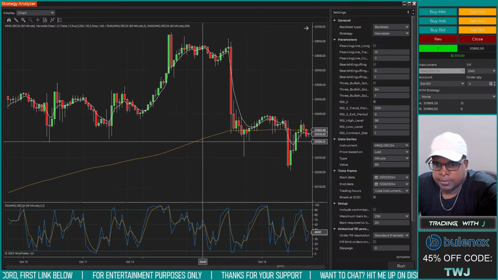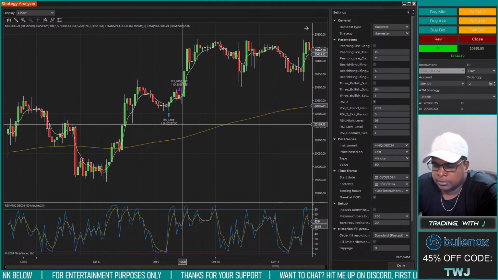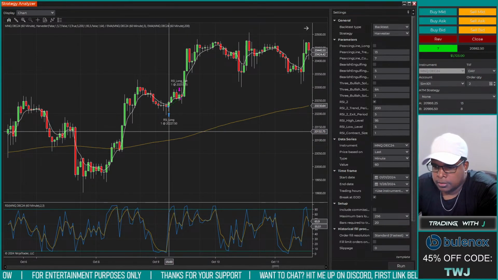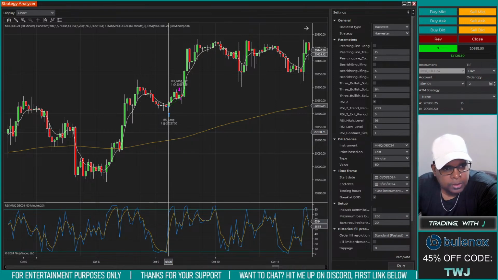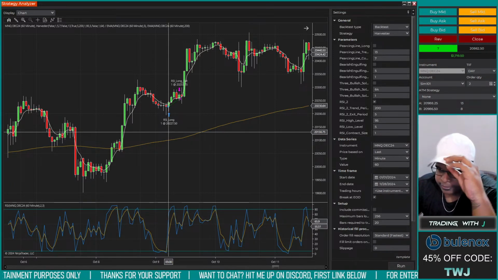The exit crossing above 5 is working. No, the exit crossing above 5 is not working. What the hell? What in the hell?